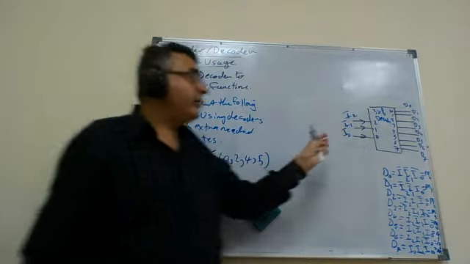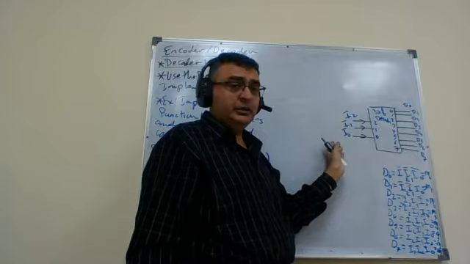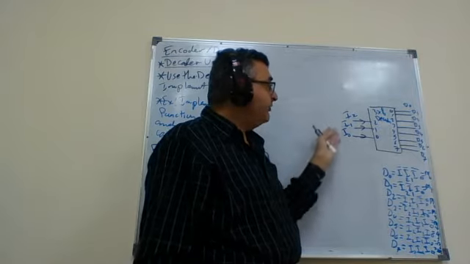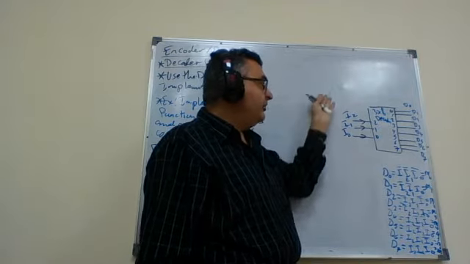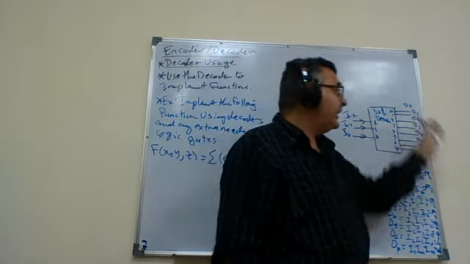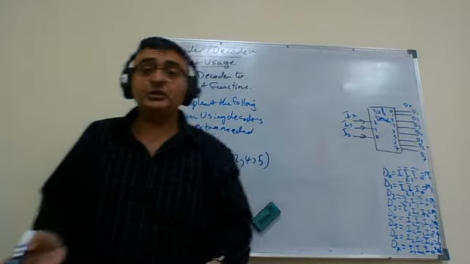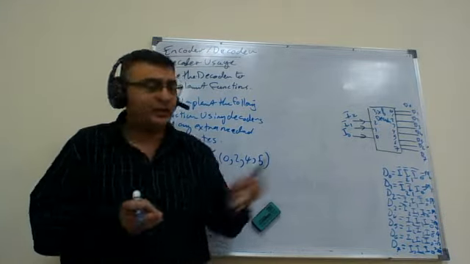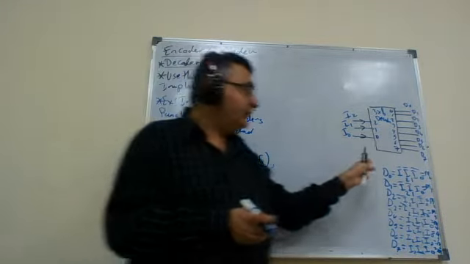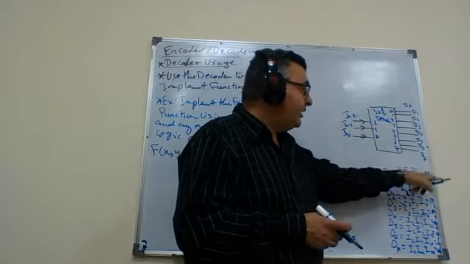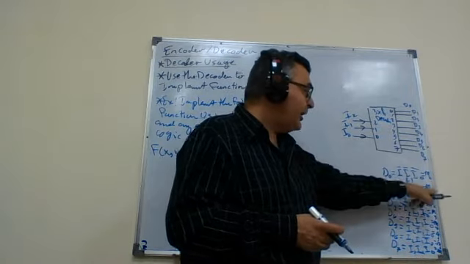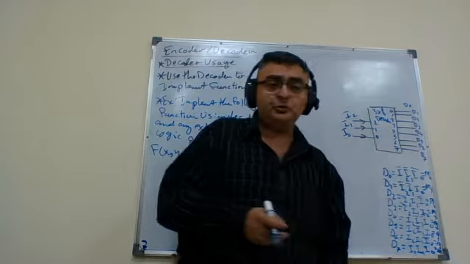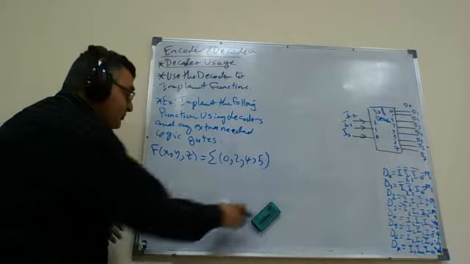If the decoder has 3 inputs, it will have 8 outputs. Those 8 outputs represent the different min terms of the inputs. By definition, D0 matches M0, D1 matches M1, D2 matches M2, and so on. So that means it's a piece of cake.